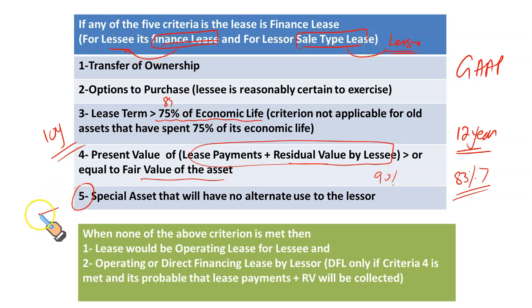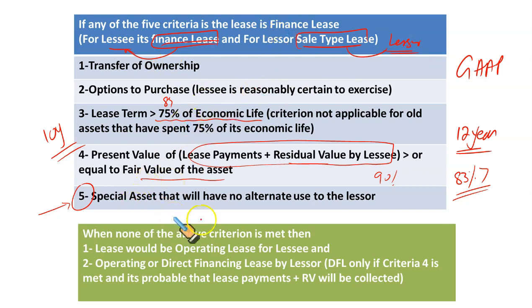Fifth, this is the new criteria added in our new leasing standard with the 2019 effective date. If the asset is of a special category, or it's a special asset that will have no alternate use to the lessor, then it will be a finance lease for lessee and sales type lease for lessor. So any of these 5 criteria, if met, the lease will be classified as a finance lease.